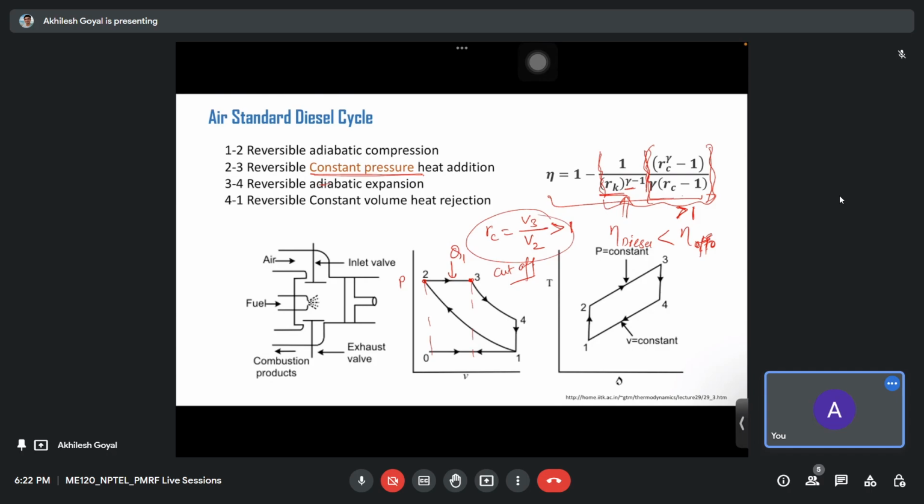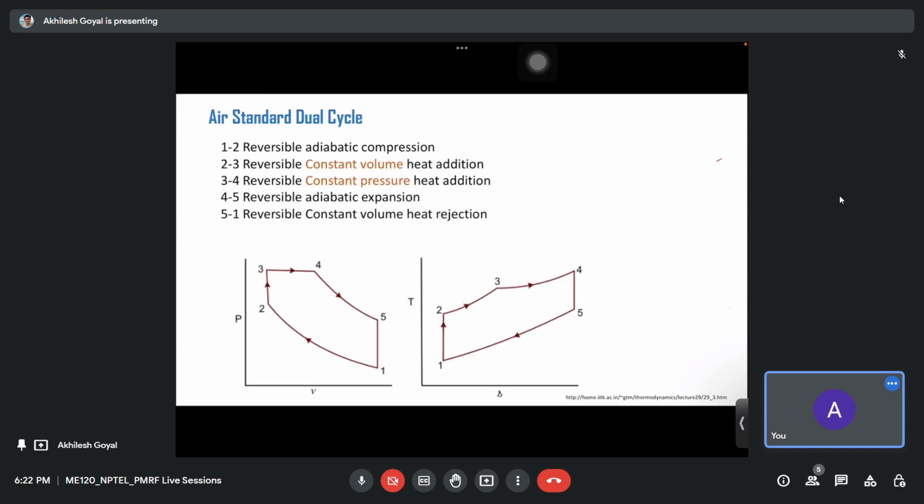Now one more cycle is there, that is the dual cycle. In the diesel engine or compression ignition engines, some engines work on this dual cycle. And what is here in the dual cycle, the heat addition is both at constant volume and constant pressure.